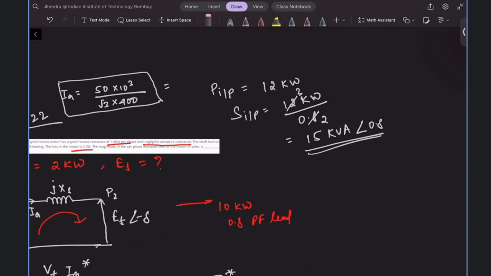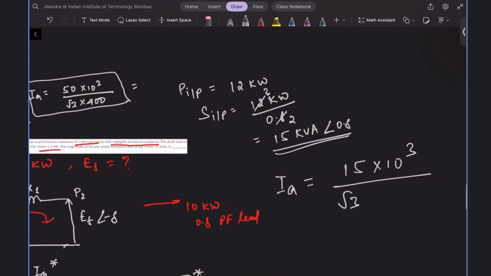And if you calculate armature current now, IA will be 15 kVA divided by root 3 into 400.